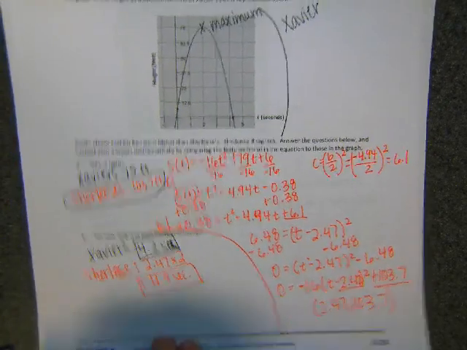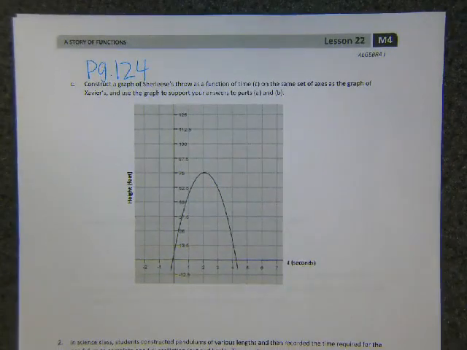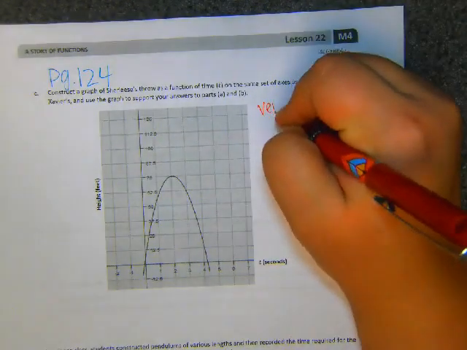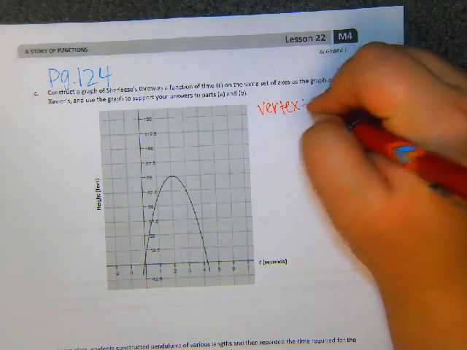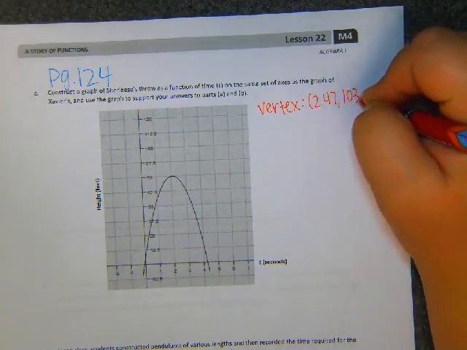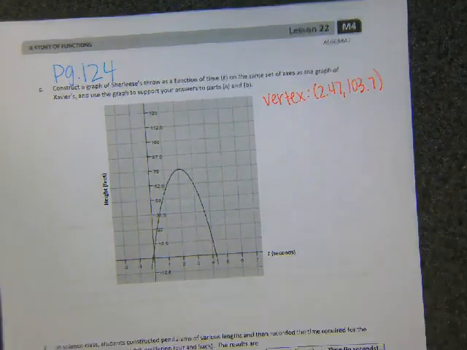Okay? So answering part C of the same question, we need to construct the graph of her function. So we already know what her vertex is. We know that her vertex is 2.47 and 103.7. Okay, because we already found that.